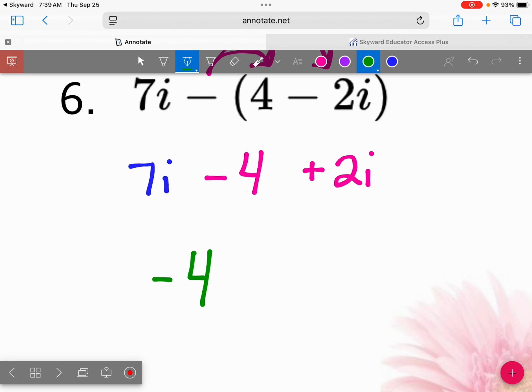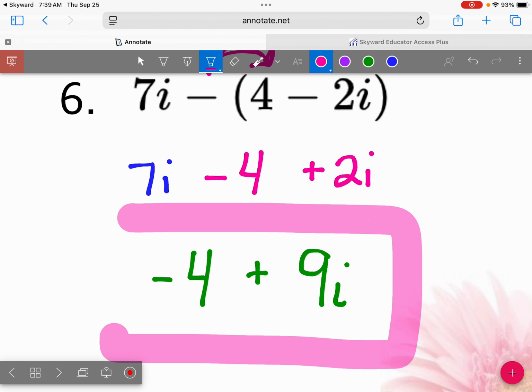But we've got our 7i plus 2i, and that'll give us a 9i. And that's our answer on that one. Questions on our adding or subtracting with these things? We'll get to multiplying them here in a minute.